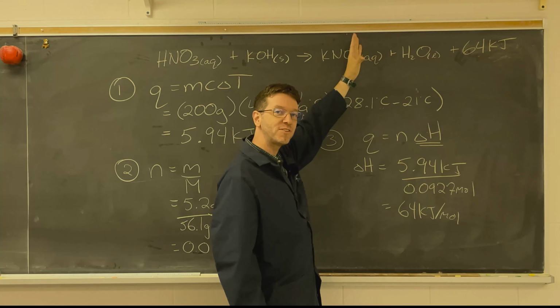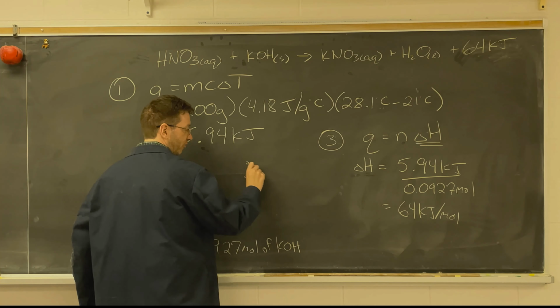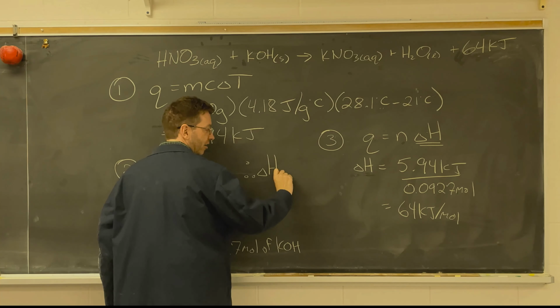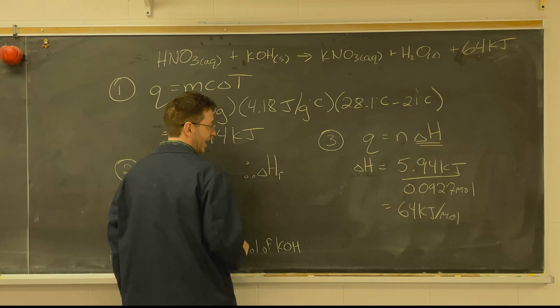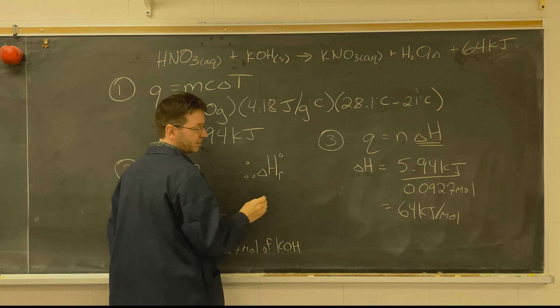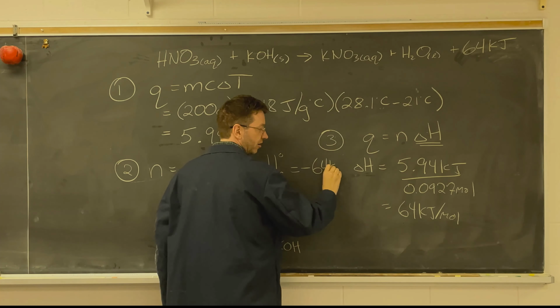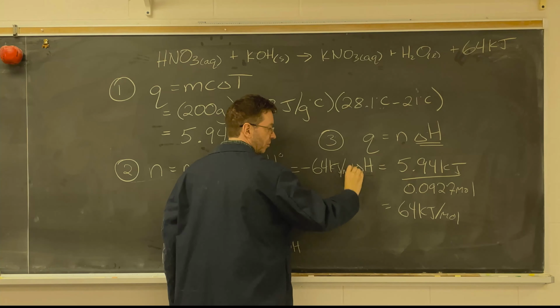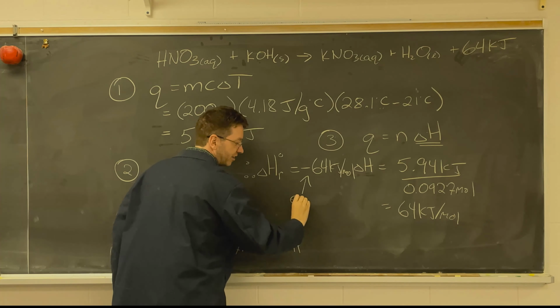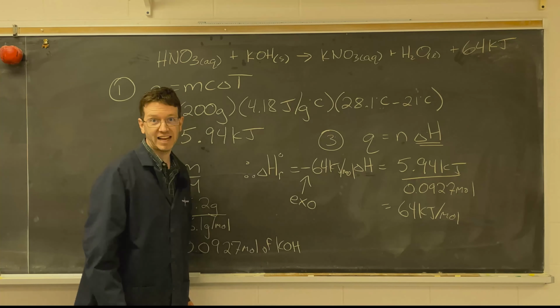This will give you a negative value when you calculate the change. So recognizing that, we should say, therefore, our change in enthalpy for the reaction, and I'll just write at standard conditions, that's all that means, is negative 64 kilojoules per mole. And that is because this is an exothermic reaction.